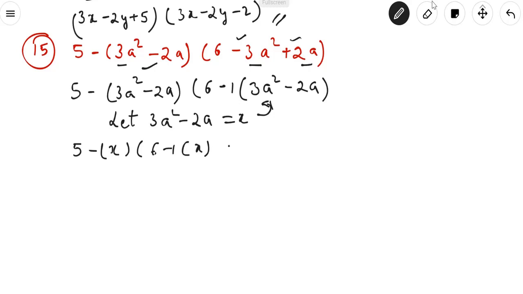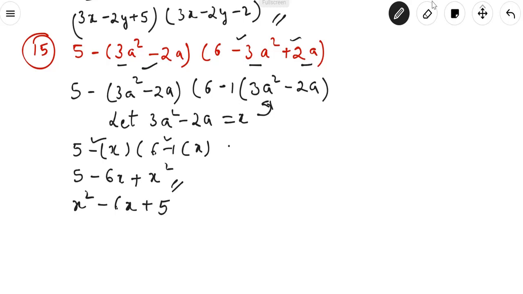Now what will I do? I'll multiply this one. If I multiply, this becomes 5 minus, x into 6, so this becomes 6x, minus into minus, so this becomes plus x square. So I'll rewrite this equation again: x square minus 6x plus 5.